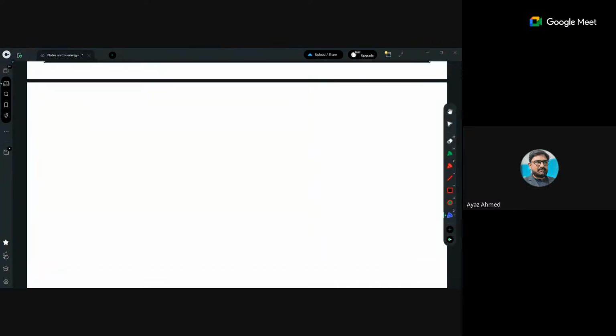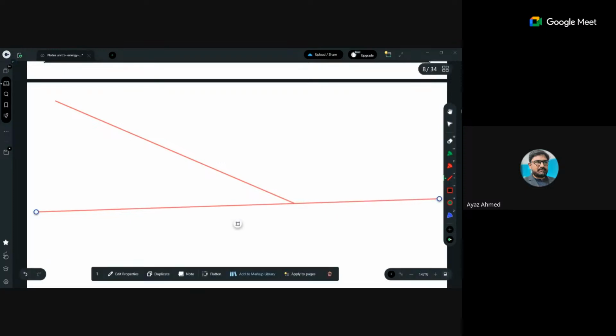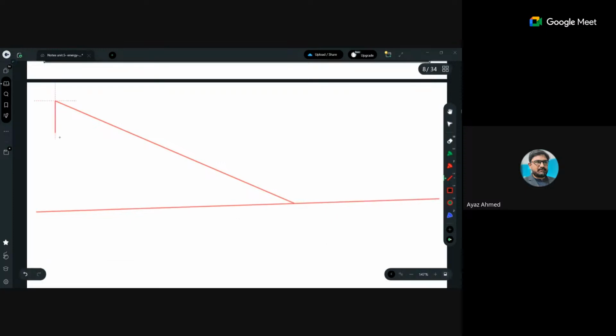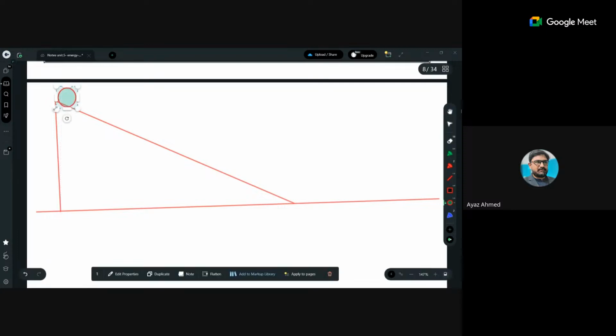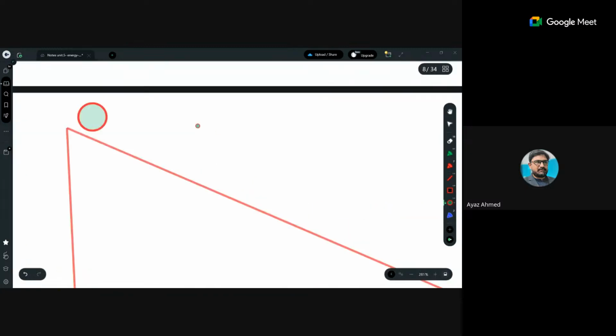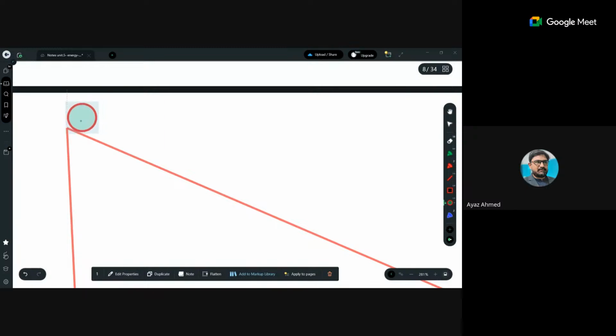For example, there is a slide, a ball is rolled down, and that ball has reached a certain level over here. This is a ball. When it is exactly at this point, it is at rest.